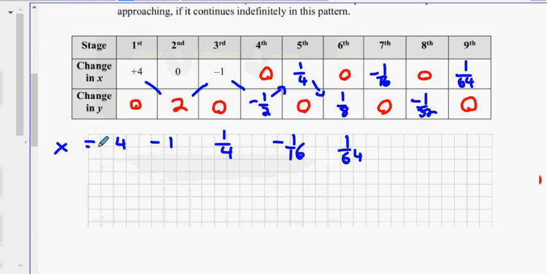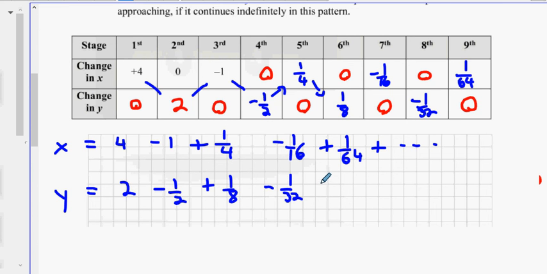So x is this plus that one, minus that one, plus that one. For y, we need to get S infinity: y is 2 minus a half, plus an 8, minus 1 over 32, plus dot dot dot.